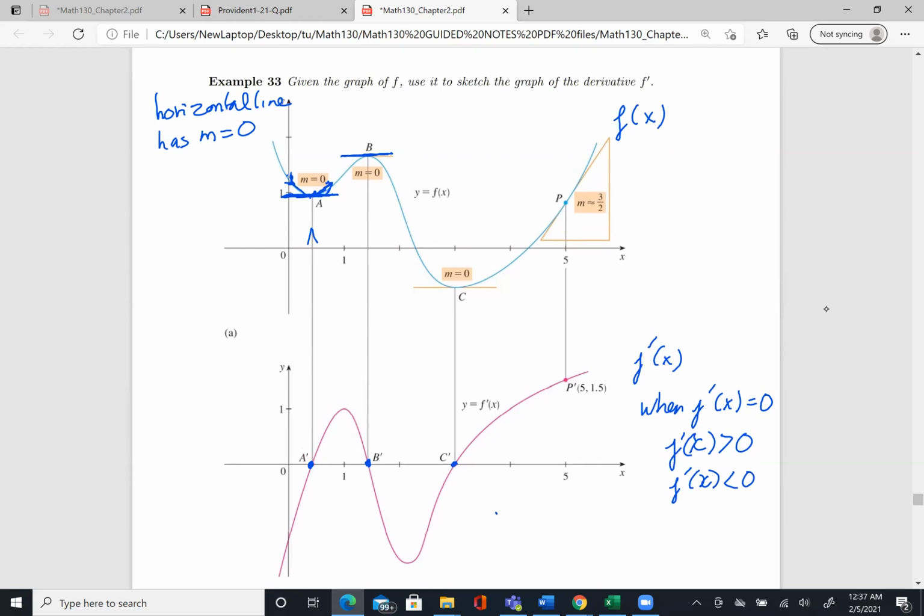So if the tangent line is horizontal, then we have f derivative of x equal to 0, right?